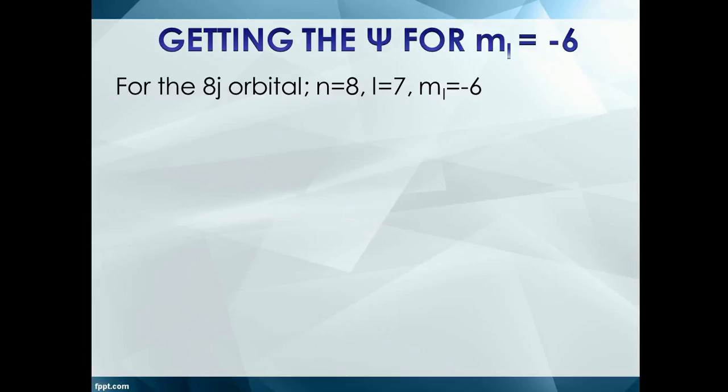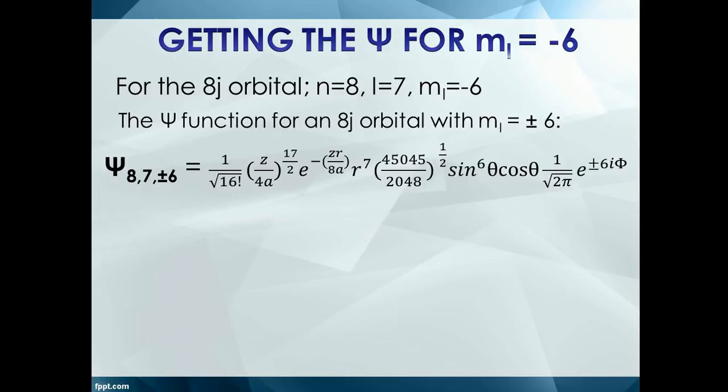As for the ML value of negative 6, the psi function is 1 over square root of 16 factorial, (Z over 4a) raised to 17 over 2, e raised to negative Zr over 8a, r raised to 7, (45,045 over 2048) raised to 1/2, sine raised to 6 θ cosine θ, 1 over square root of 2π, e raised to plus or minus 6iφ.